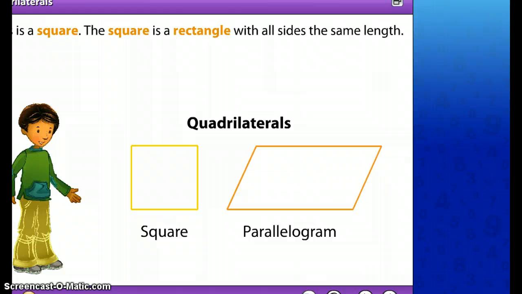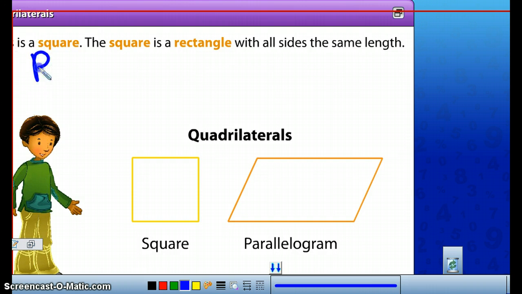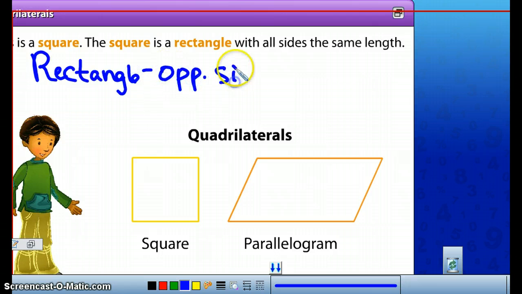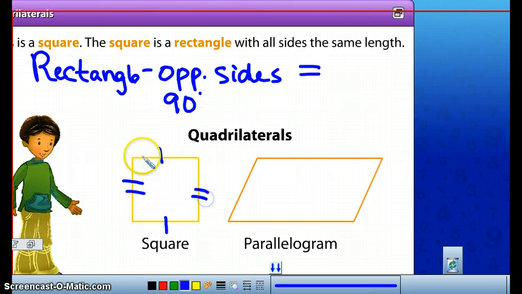Okay, because remember, to be a rectangle, it needed to have opposite sides parallel, and it needed to have 90-degree angles. Are opposite sides parallel? Yes. And angles are all 90 degrees. That's why a square is a rectangle.